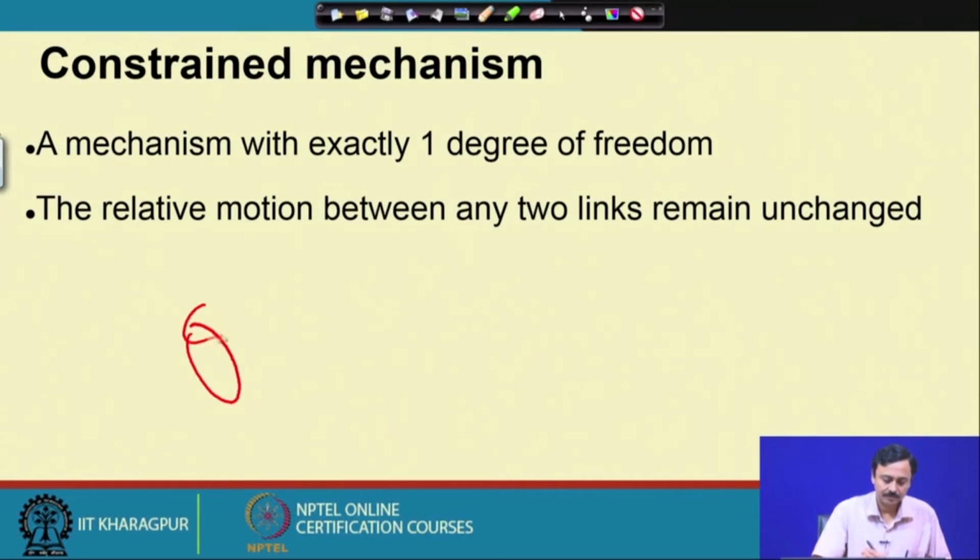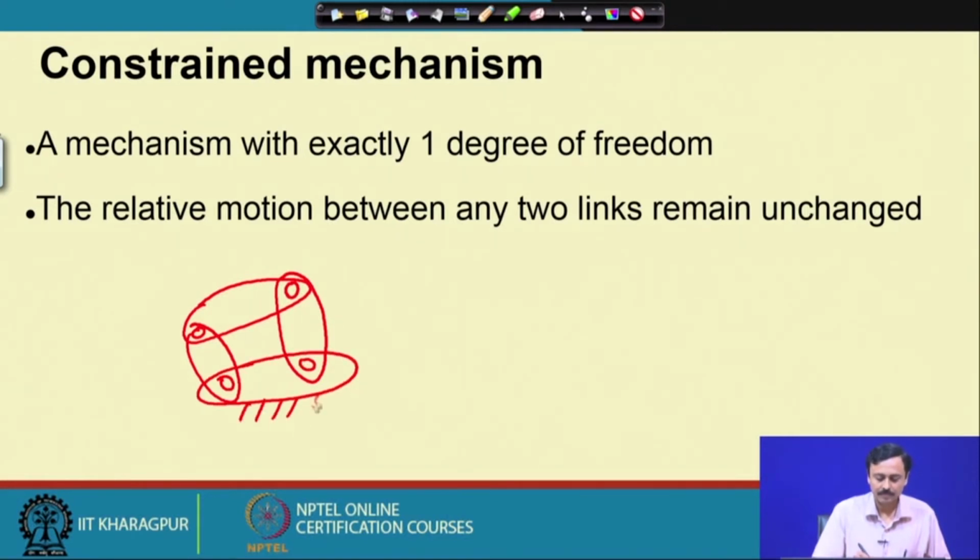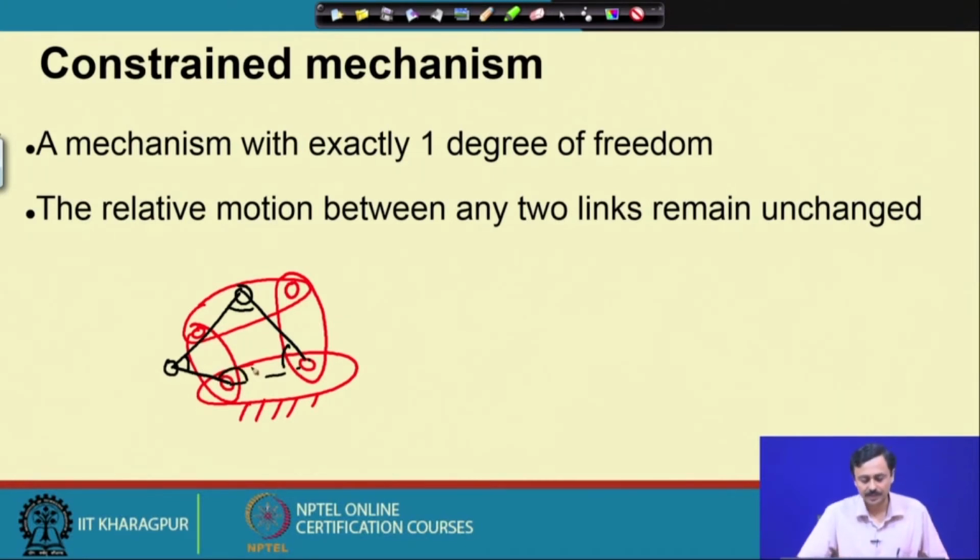So, suppose I have this combination of links, and when this moves, you see at this configuration, however you come, these angles will be only this, it cannot have any other combination, or in the starting configuration these angles will only be this.